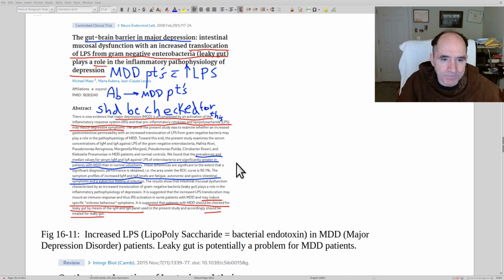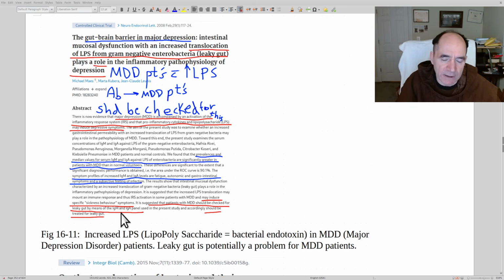Okay, and the amounts of serum IgM antibodies and IgA antibodies against LPS were significantly greater in patients with major depressive disorder.